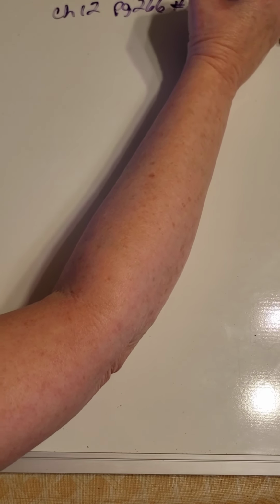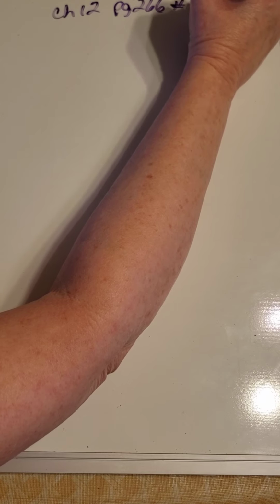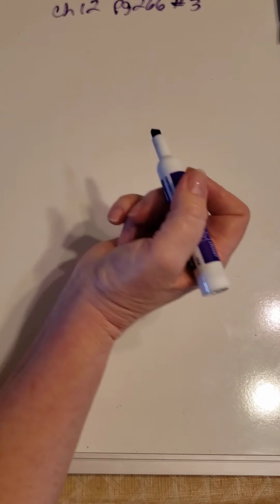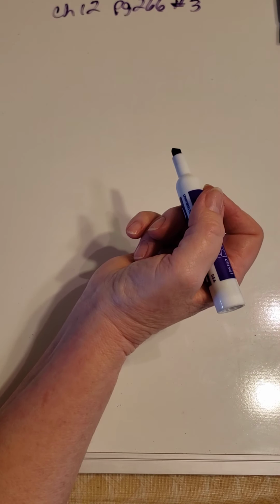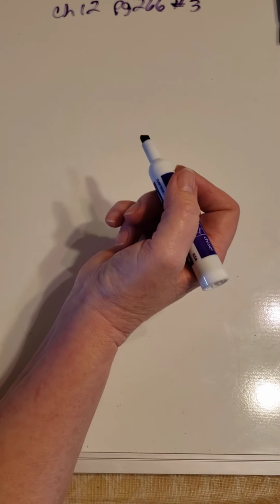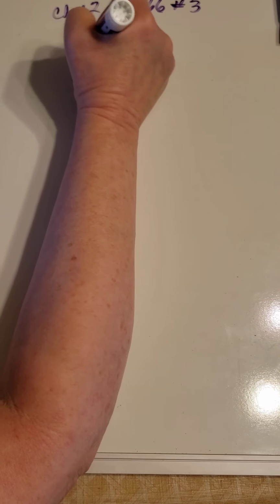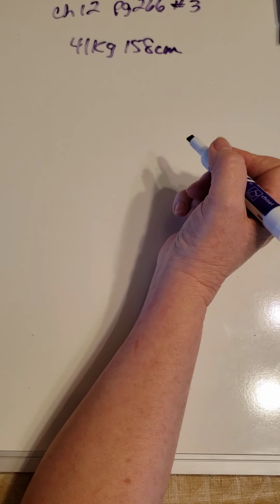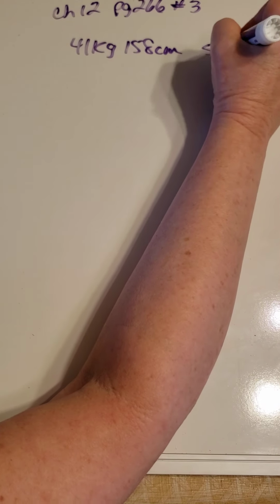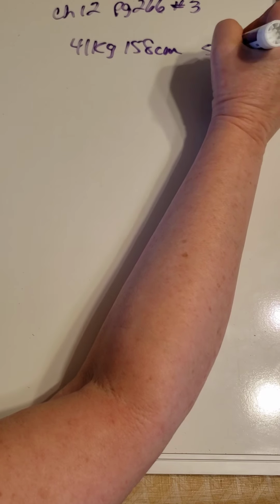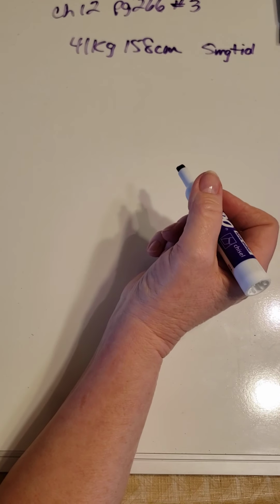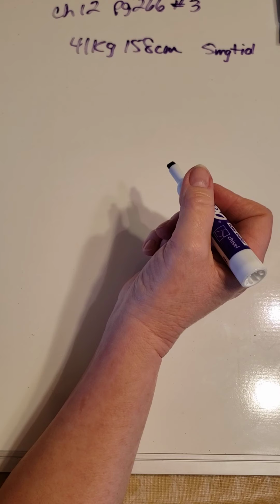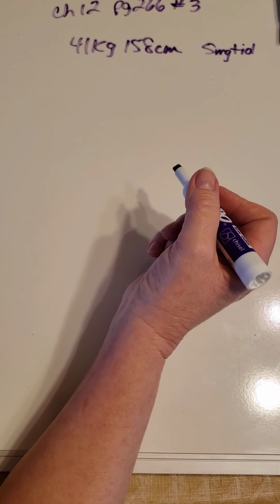Let's do number 2 here. No, number 3. We'll do number 3. A physician orders prednisone for a child with an allergic reaction. The child's weight is 41 kilograms and is 158 centimeters tall. The usual adult dose is 5 milligrams 3 times a day. And the medication available is prednisone syrup, 1 milligram per ml.